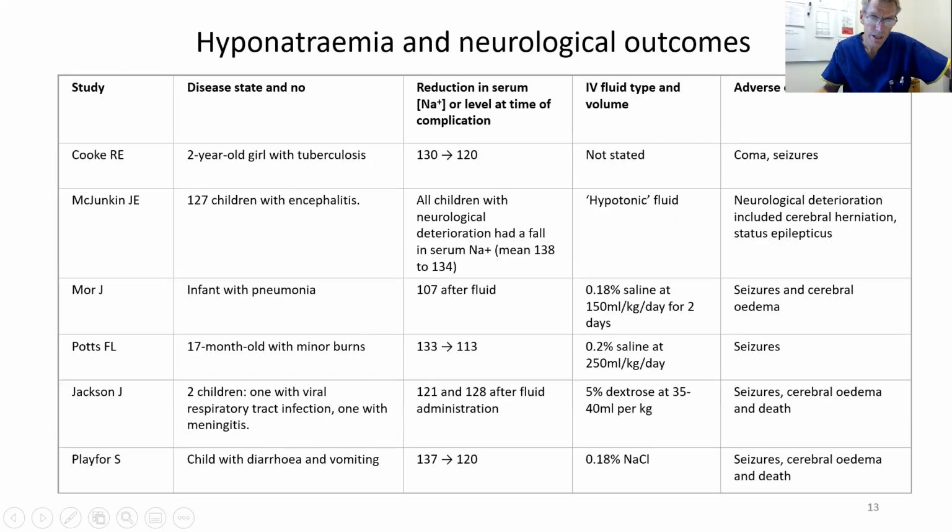And hyponatremia can cause very severe complications. I won't go into these studies too much, but a few years ago we looked at all the children that had been reported with very severe neurological outcomes from hyponatremia. These are case reports of children that presented with very severe hyponatremia.